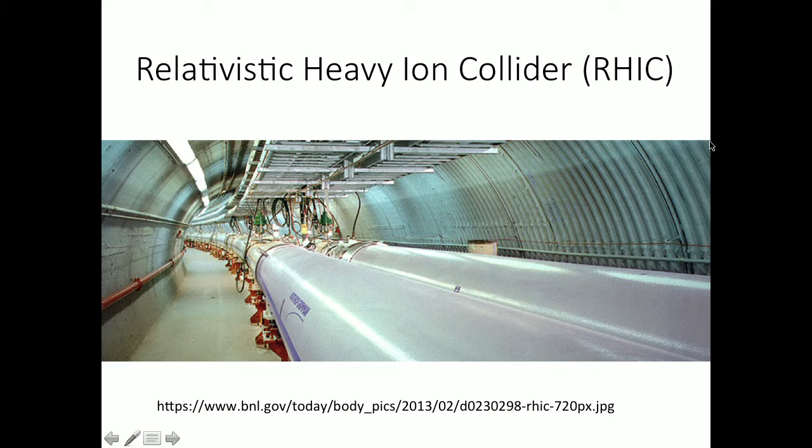Here we are in the ring underground. We're looking at the two different proton rings that are traveling around. These collisions happen very, very often. When RHIC is up and running, they happen about 1 million times a second. So this is a very high data experiment, and we try to record as much as we possibly can. The actual data set that I'm looking at is from 2015.